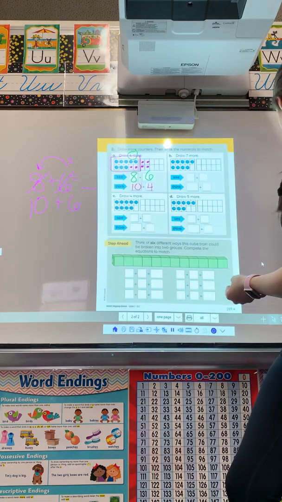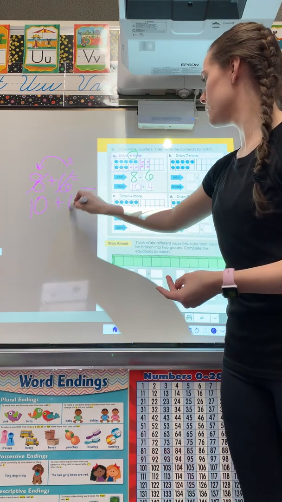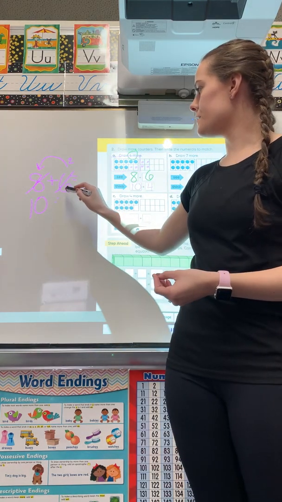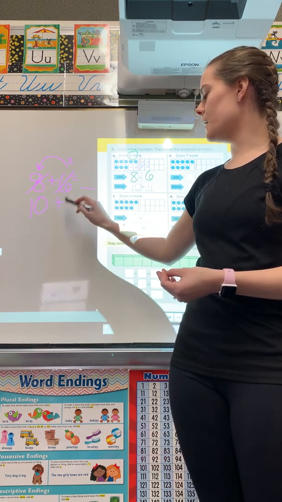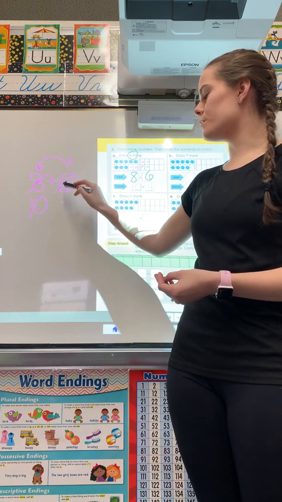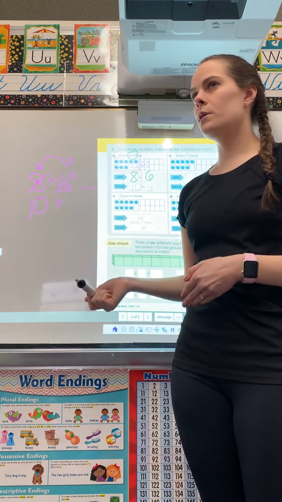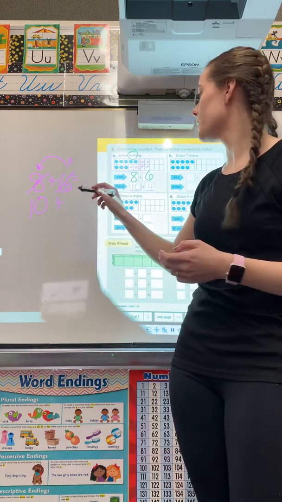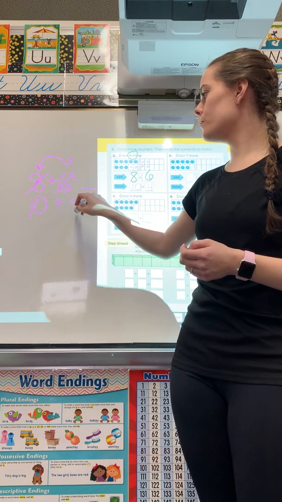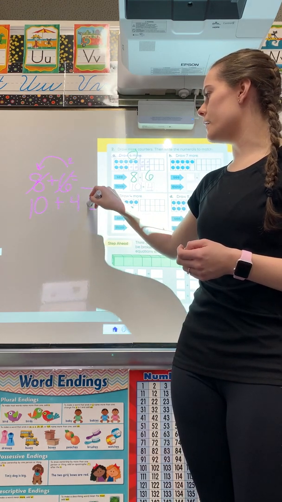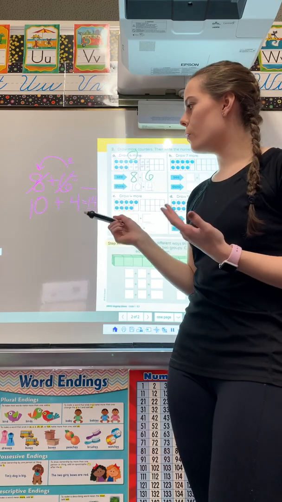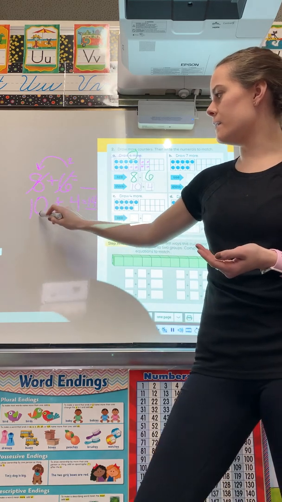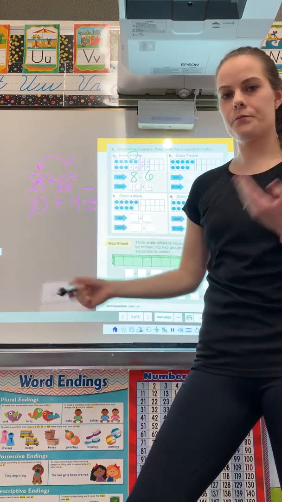So I have to say 10 plus, well, I took away 2, so 2 less than 6 is 6, 5, 4. 10 plus 4, and that will give me my answer of 14, because I don't need to do anything more than just putting that 4 in the ones place, because there's nothing there.